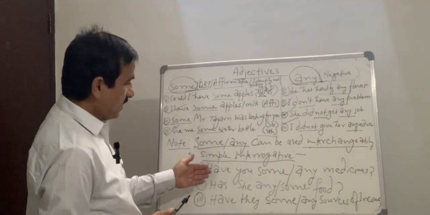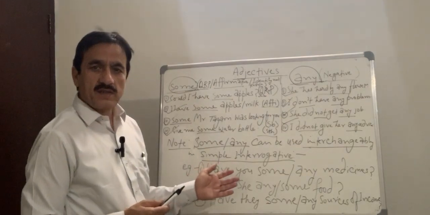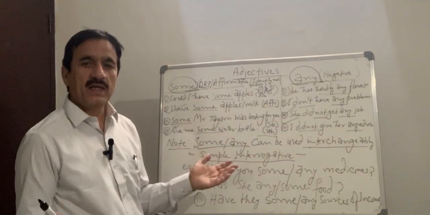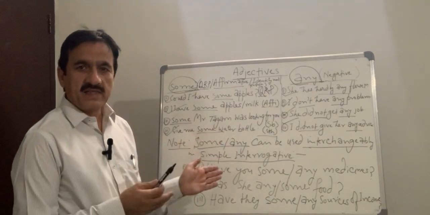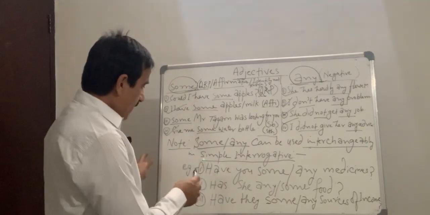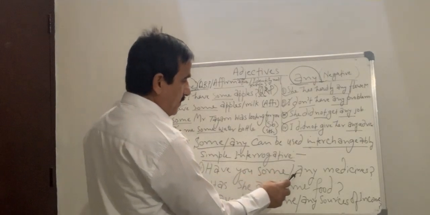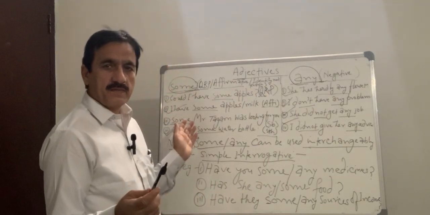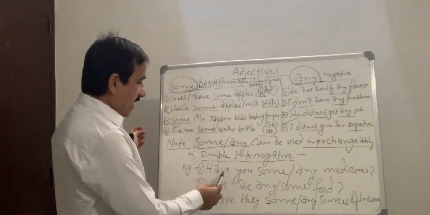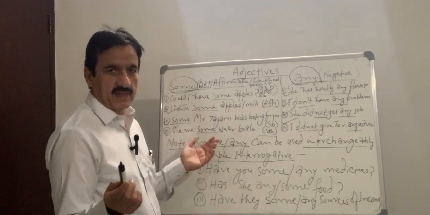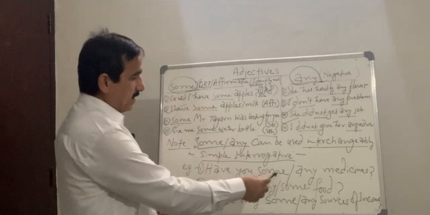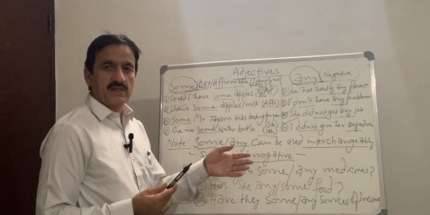Look at these three examples in which either some or any can be used. Have you some medicines? This is a simple interrogative, a simple question. Correct. Have you any medicines? Also correct. This is why a plus slash is given there.